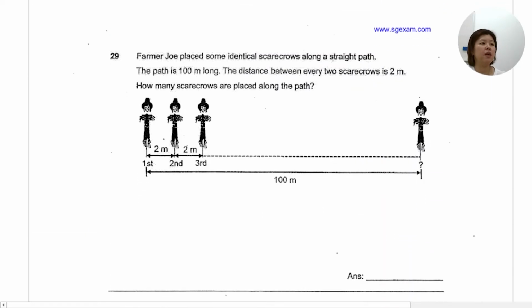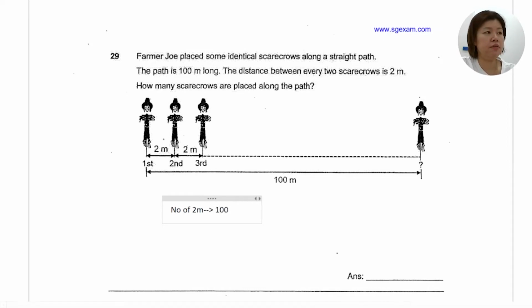Okay, next one. Farmer Joe placed some identical scarecrows along a path. It is 100 meters, and each distance between these two scarecrows is actually 2 meters. So I can find how many 2 meters are there by taking 100 divided by 2 equals to 50.